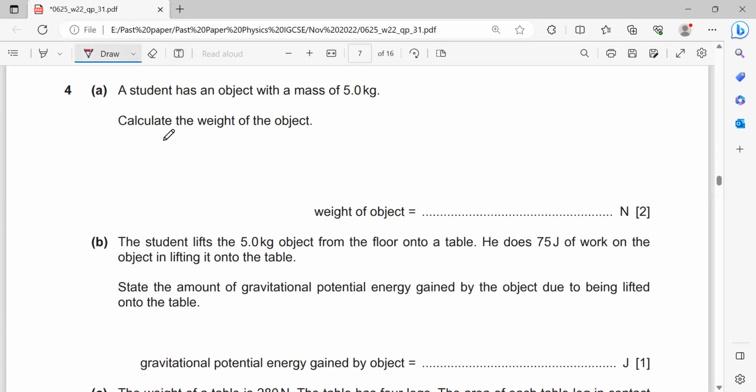So, weight W, the formula equals M times G. So mass is 5 kilograms times 10 newton per kilogram. So the solution is 50 newtons.